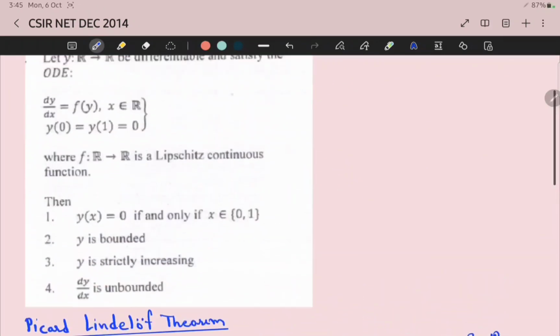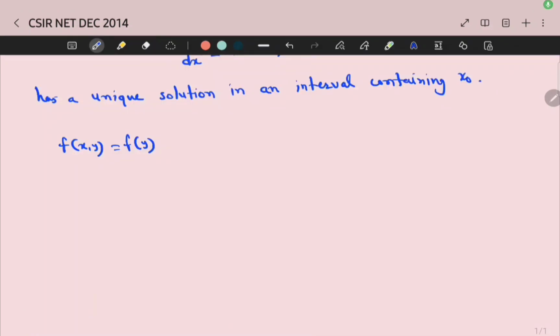In the given problem, f of x, y is simply a function of y, which is a Lipschitz continuous function.